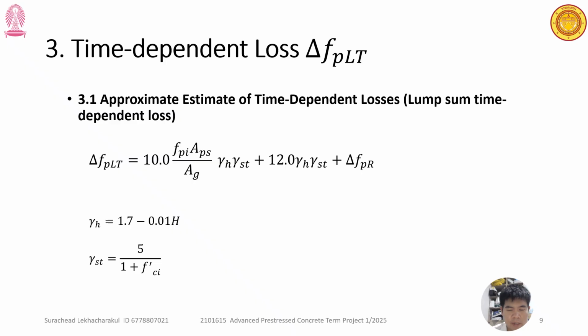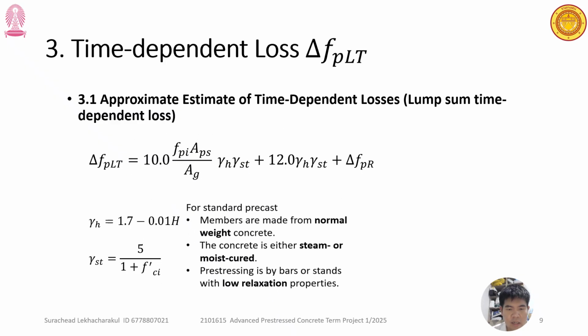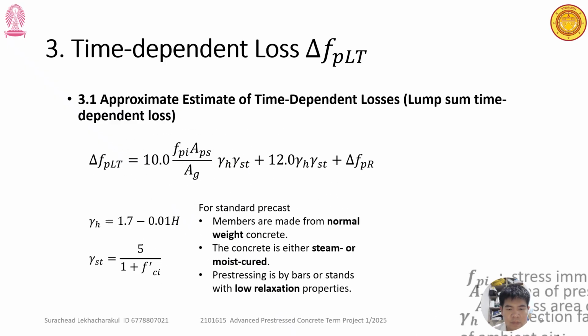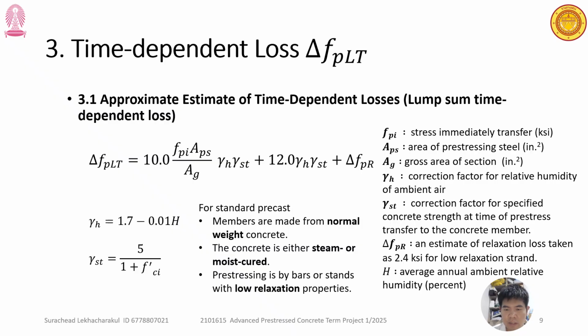Gamma h depends on H, that means it depends on humidity, and f'ci. This is for members made of normal weight concrete, where the concrete is steam cured or moist cured, and prestressing uses only low relaxation strand.